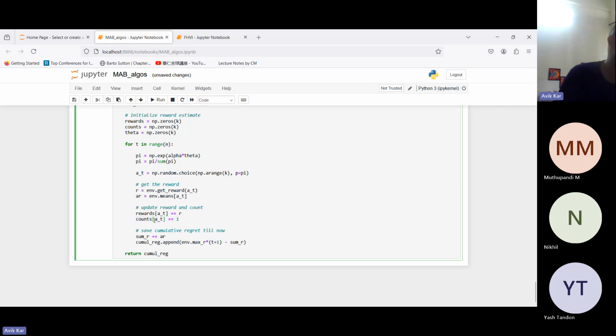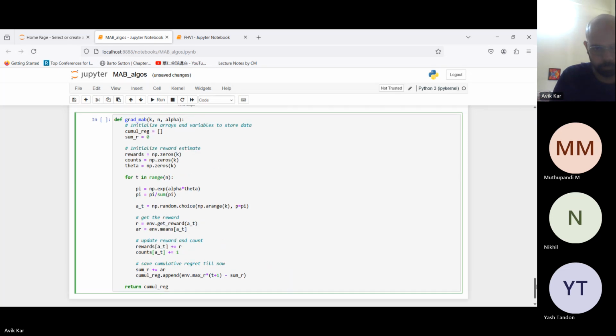The incremental update that we are not doing here is not much needed, maybe. The step we are missing here is basically the update of theta.